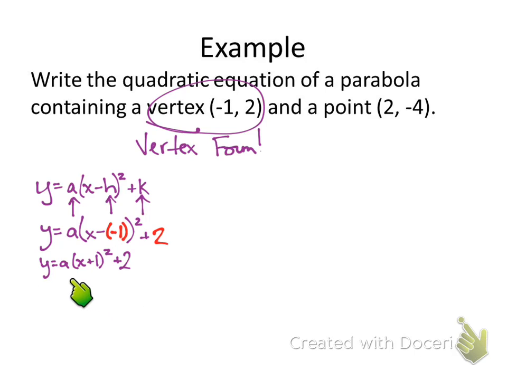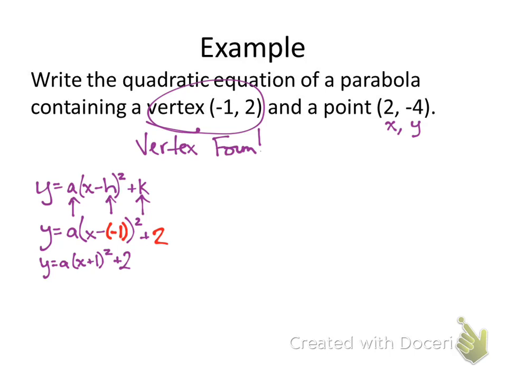Then we need a number for this a position. We're going to use this point, 2, -4, to figure out what this leading coefficient is. 2, -4 is a point, so we're going to plug it in to x and y.